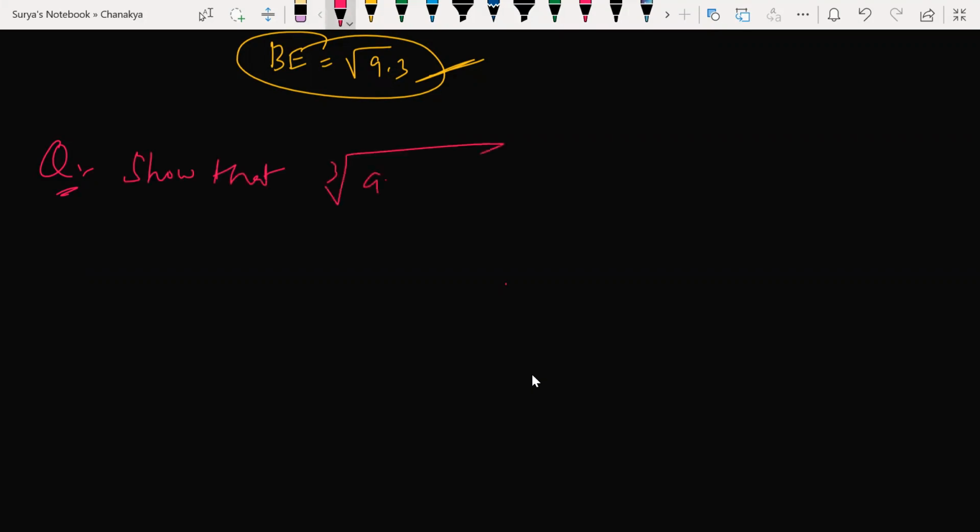Prove that the cube root of ax square plus by square plus cz square is equal to the cube root of a plus the cube root of b plus the cube root of c. Okay, is it clear? This is the question.